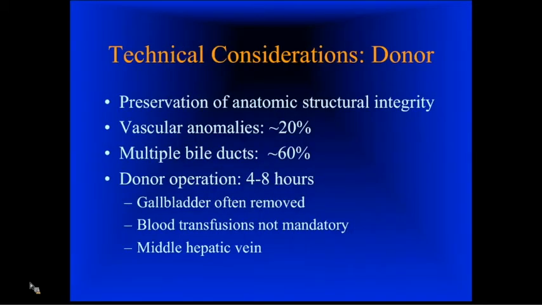So for technical considerations, I mentioned vascular and biliary variations. About 20% of the time, we can have anomalies or variations in our vascular anatomy, where the hepatic and portal vasculature is concerned, and also with the bile duct.